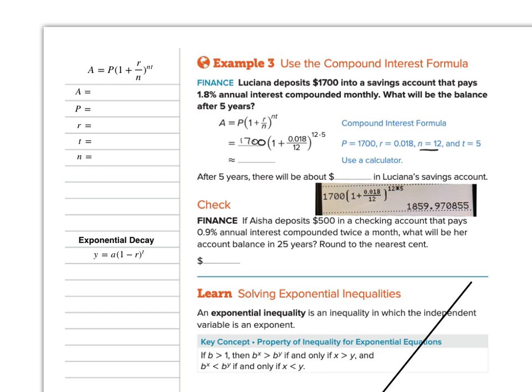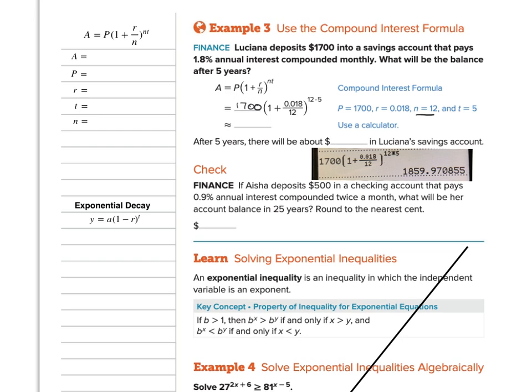And then when we look at this last example that we're going to do, she deposits $500 into a checking account that pays 0.9% annual interest compounded twice a month. What will her account balance be in 25 years? Okay, twice a month, which is 24 times a year. So you have an initial investment.